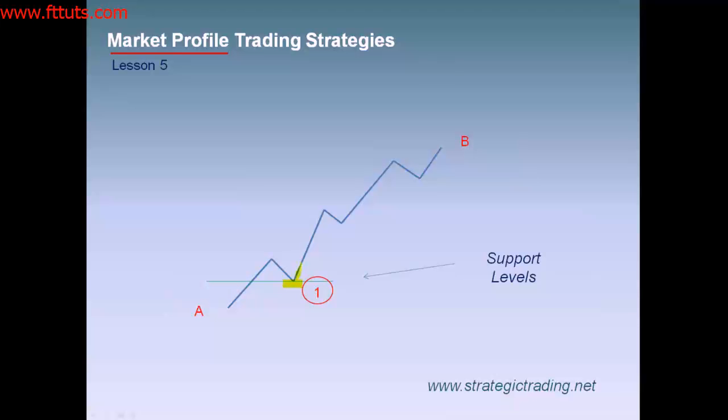As the price continues to move higher, we're going to find another support level, and this is the second support level that we have for this particular brief movement. And as the movement continues, we are going to find that we're even going to have a third support level. So each of these pivots defines for us a support level.